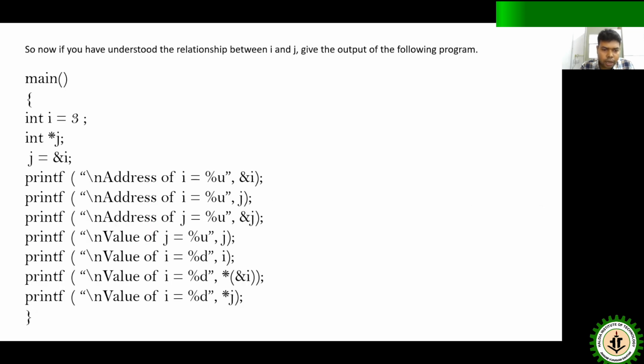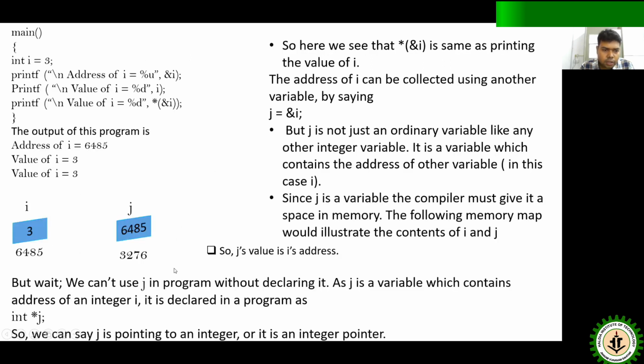Similarly, suppose we consider this statement: value of I, percent d, asterisk ampersand I. Ampersand I is the address of I, which is 6485 in this case, and the value at this particular address is 3.